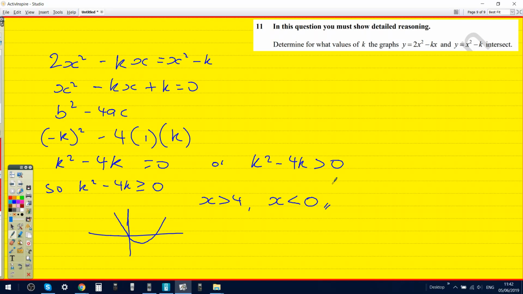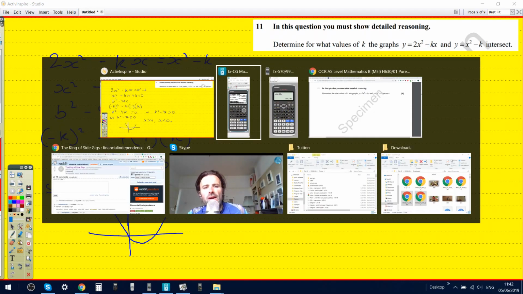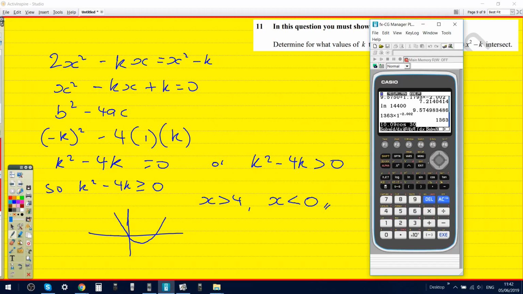So if we were to shade it on the graph, so graph x squared minus 4x.